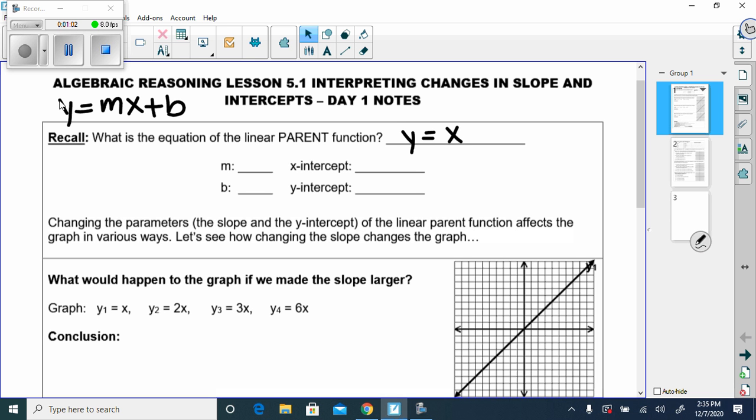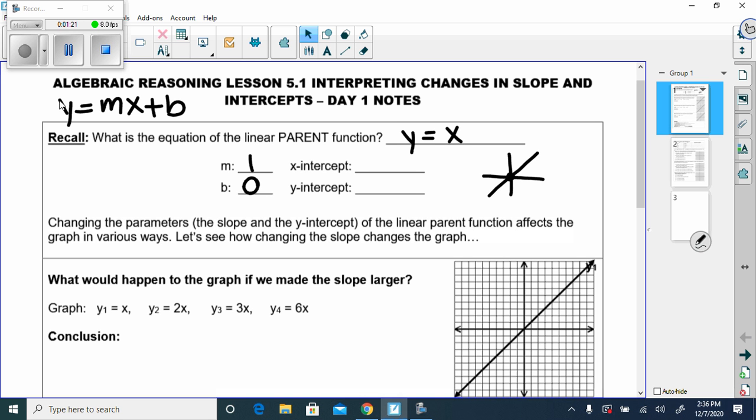So, like we just said, that would mean that m is 1 and b is 0, which means if I had it on a graph here, it's going to go through the coordinate point 0, 0, right? Because it hasn't been moved up, hasn't been moved down.